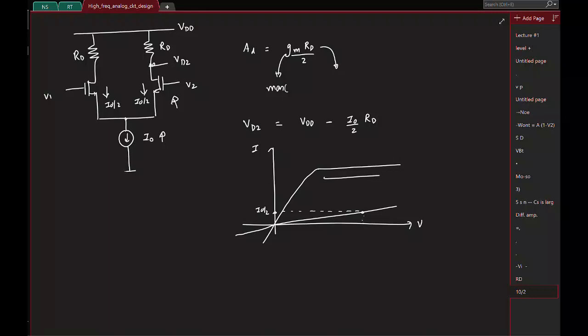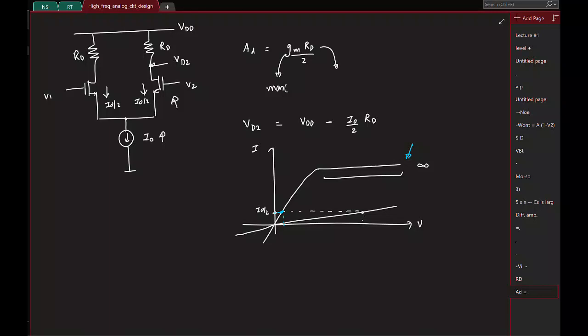So in this region you see that what is the resistance? Infinite, right? So you get an infinite resistance if you operate in this region. But now you see that if you try to bias it at a current I0 by 2, the voltage drop is quite minimal, right? Is that fine? So do you know a device which has an IV characteristic like this? It's a MOSFET.